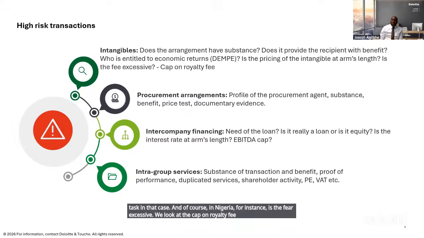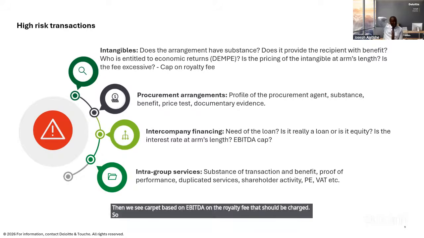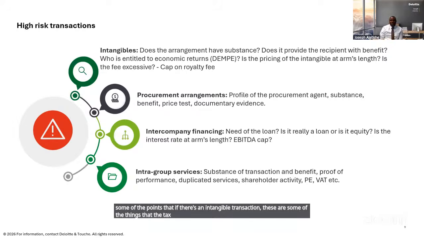If you look at Regulation 7.5 of the Nigerian TP regulations, there is a cap based on EBITDA on the royalty fee that should be charged. So those are some of the points that if there's an intangible transaction, these are some of the things that the tax authority will look at in determining whether a TP adjustment is required. And that's why we say intangible transactions are always high-risk transactions.